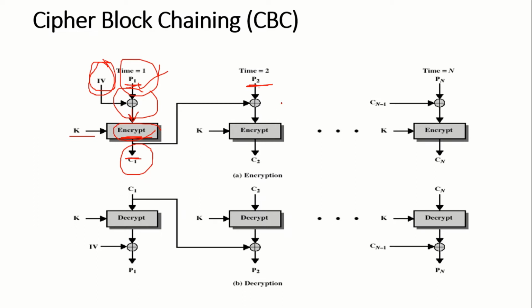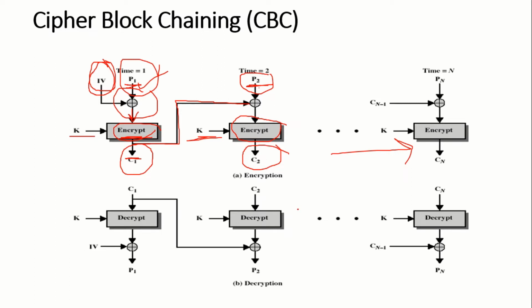So here we will be using this C1, and we'll be XORing it with the plain text block, and on the result we'll be applying the cipher along with the key, and we get the second block of the ciphertext, right? So this is how we encrypt all of the blocks of the plain text.